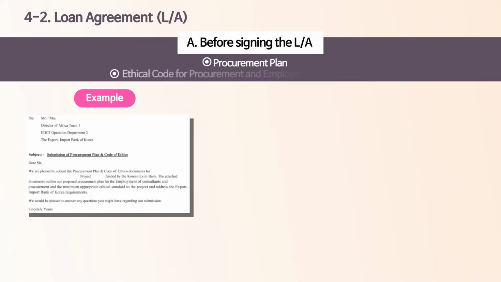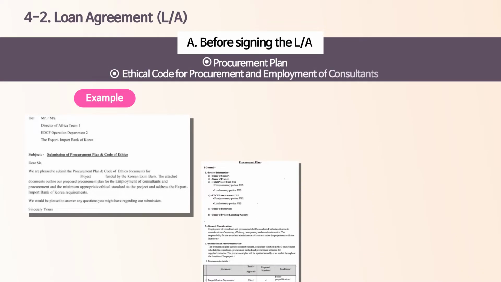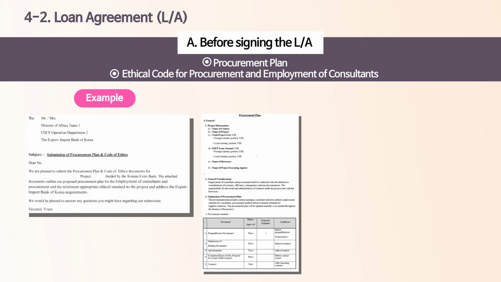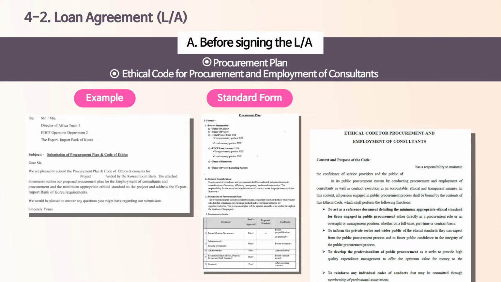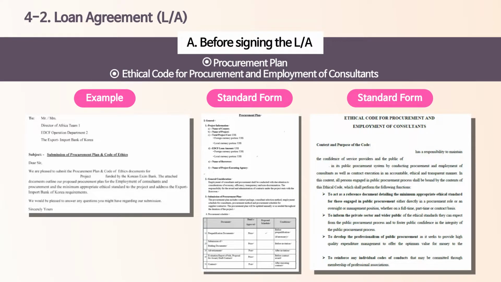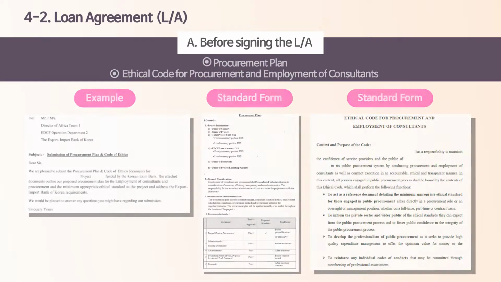Next, the Ethical Code for Procurement and Employment of Consultants, as its name suggests, is a tool to alert the person or the department involved in the procurement process of its responsibility to keep the procurement procedure accountable, ethical, and transparent. Please keep in mind that the Ethical Code should be signed by the Project Manager of the PEA.